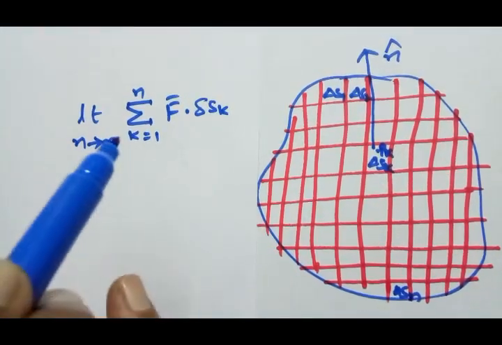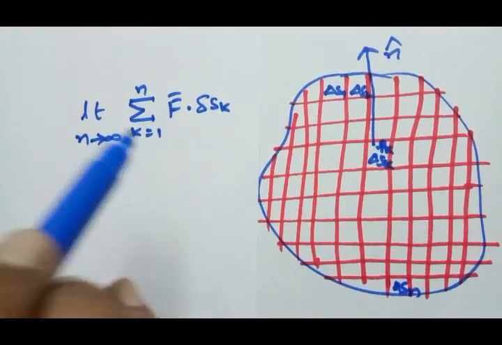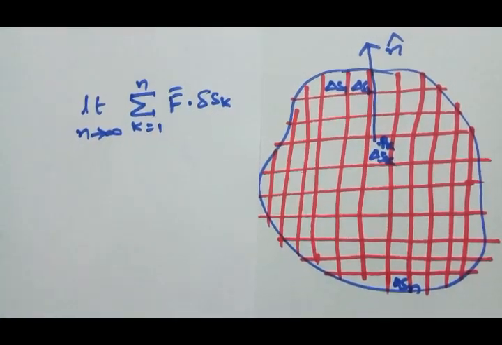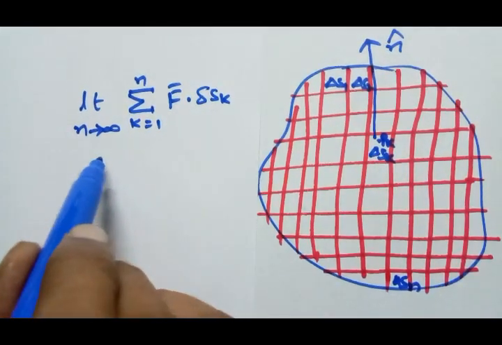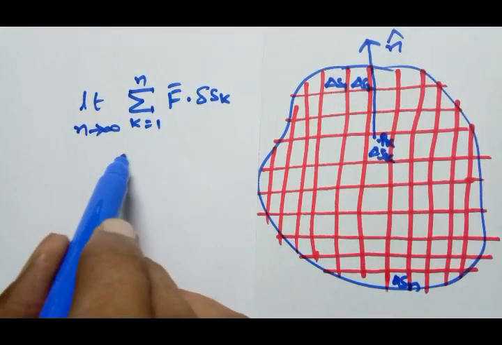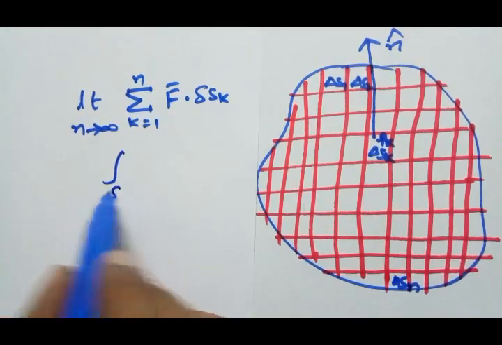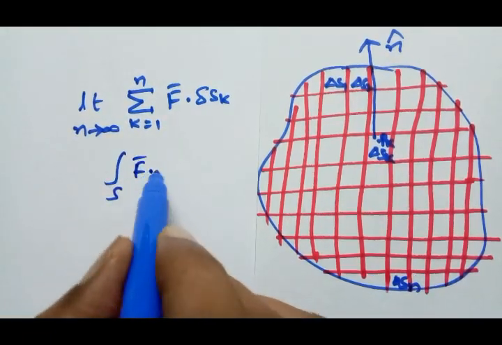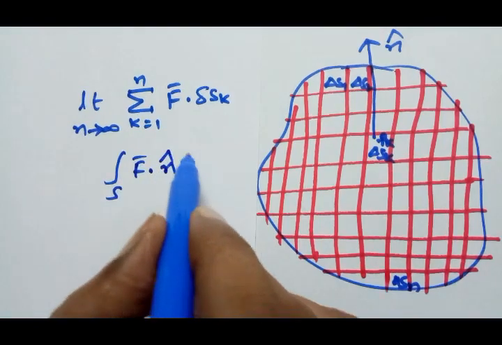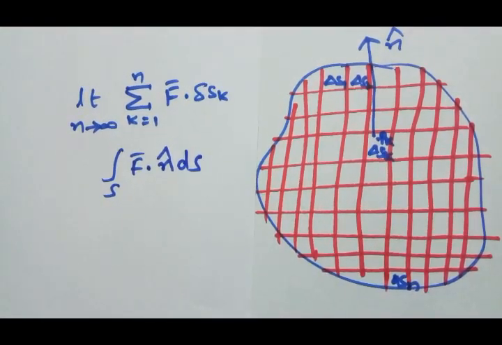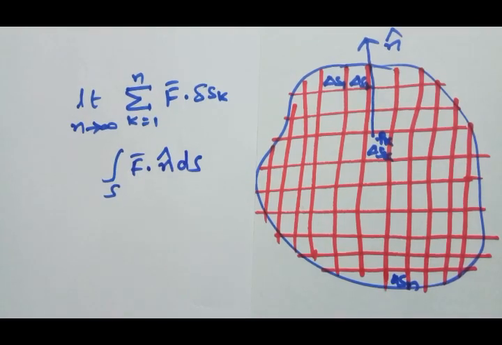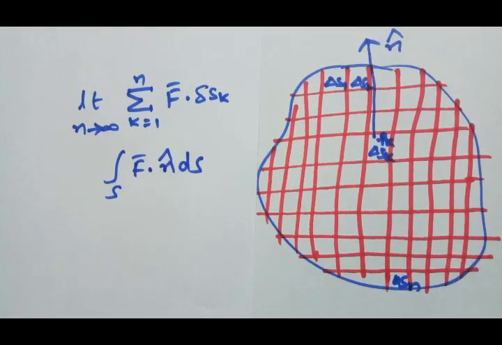of a vector point function f bar over the surface S, and is symbolically written as integral over S f bar dot n cap ds, where n cap is the positive unit outward drawn normal to the surface.